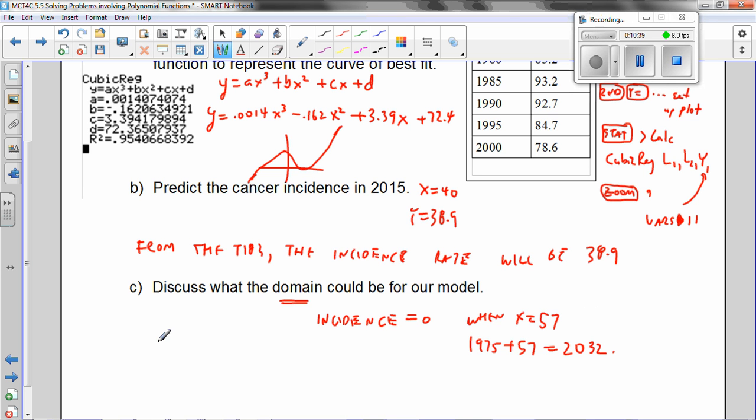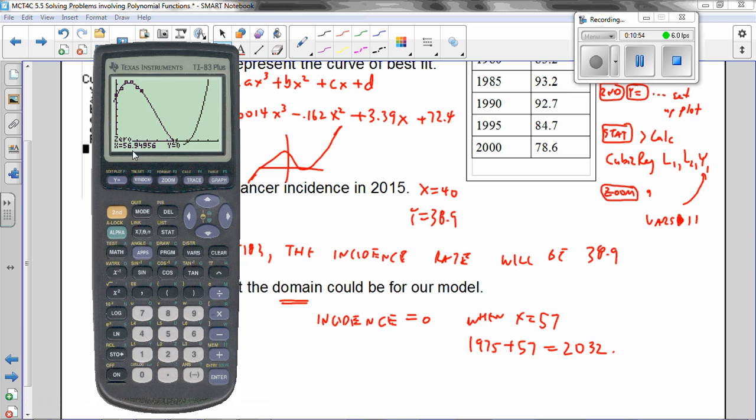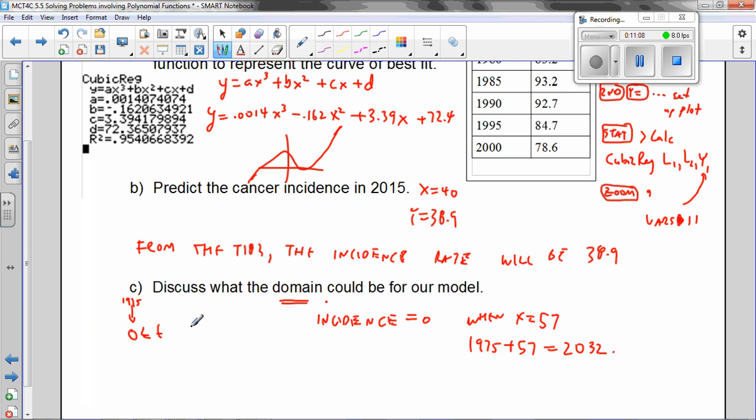So does it make sense that our model, the domain might be, because the model started in 1975, one could argue that maybe we can go back further than this. Maybe it started in 1960, and if we looked at the graph and went back a few years, maybe I could go back 20 years and see, does it make sense in 1968? Well, who knows? I think we'll start at t equals 0. That's when our data started.